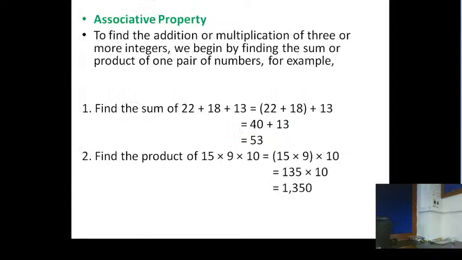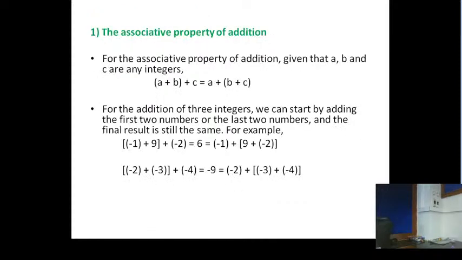Now we have the associative property, right? Now what is the associative property? It means, let's say we have a, b, c, all are integers. Now this is the associative property.